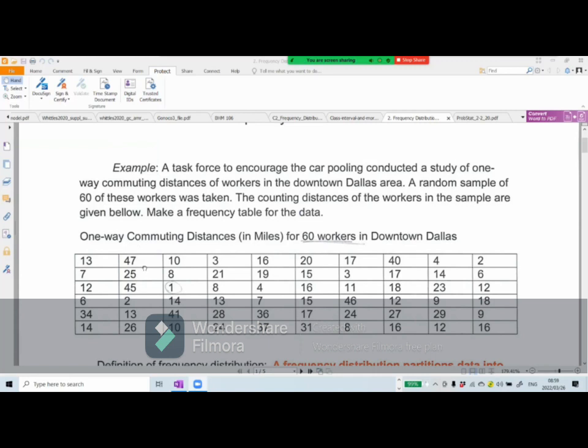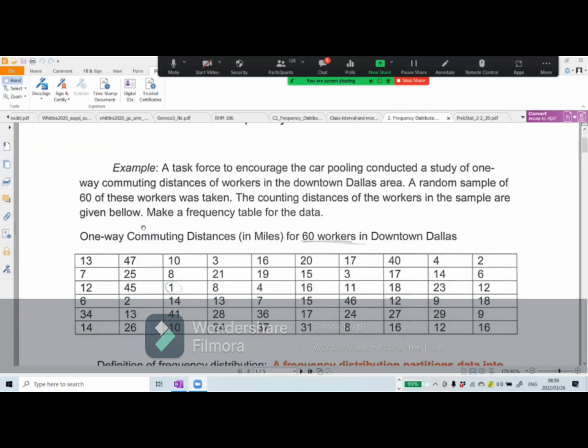Full stop. Make a frequency table for the data.